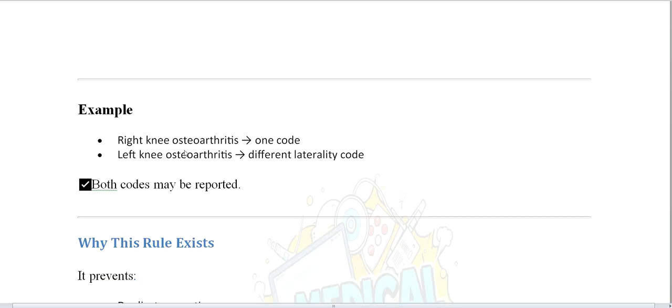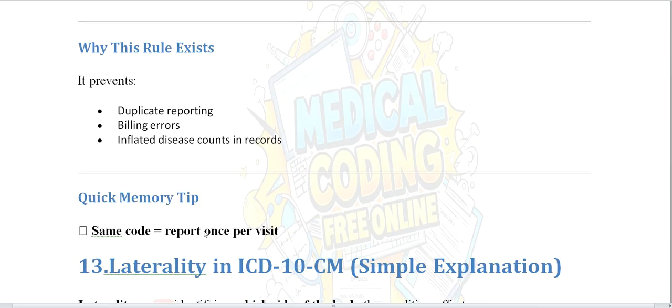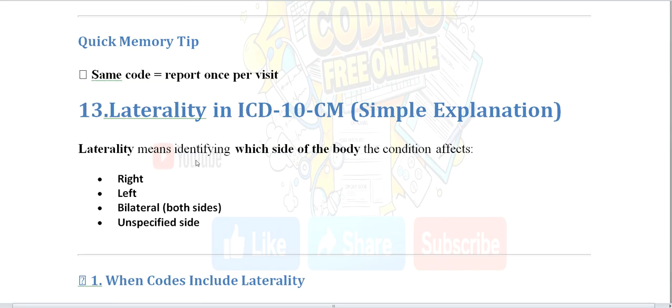Next example: right knee osteoarthritis has one code, left knee arthritis has a different laterality code. So both codes may be reported. Why does this rule exist? It prevents duplicate reporting, billing errors, and inflated disease counts in the record. For this, a quick memory tip: same code, report once per encounter.